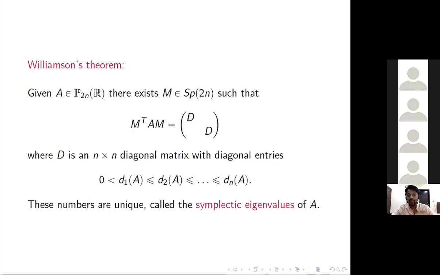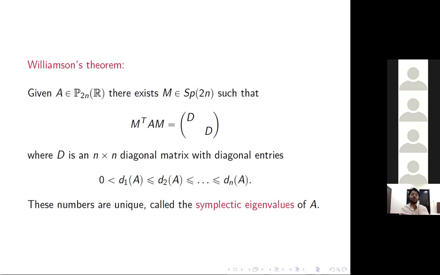So here we are specifically talking about symplectic matrices, and the Williamson theorem guarantees that you can diagonalize A with respect to a symplectic matrix, and this diagonal matrix is of a special form. So that's about it. But if you are interested in the structure of symplectic matrices diagonalizing A, then one would have to maybe work case by case. Will it be any arbitrary matrix, or can we form this matrix by the eigenvectors of A?